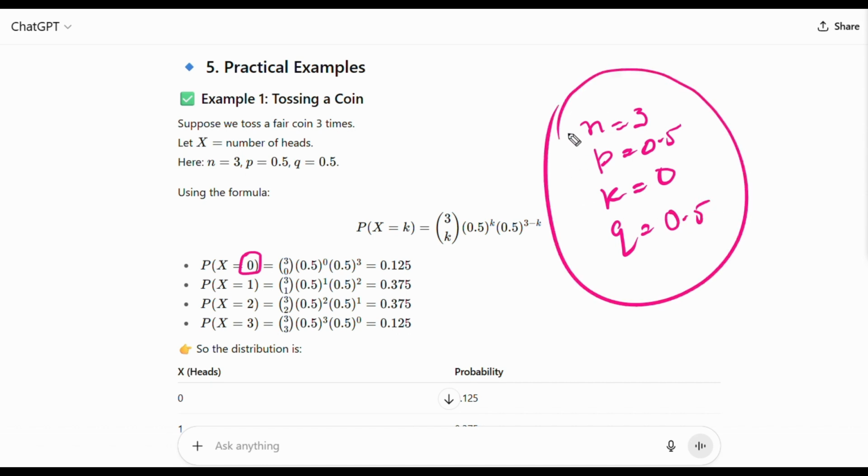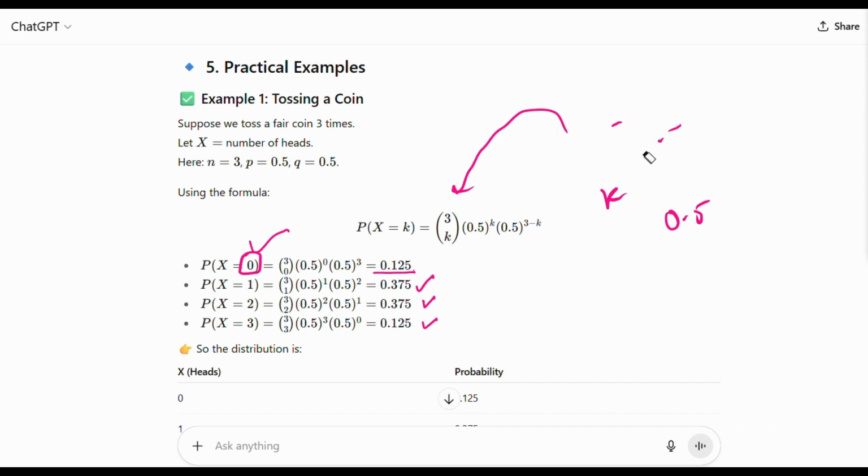If you put this into the formula that we have already discussed, this is the simple case scenario. You can solve it with a calculator also. For 0 heads the chance is 0.125, for 1 it is 0.375, for 2 it is again the same, and for 3 it is 0.125.